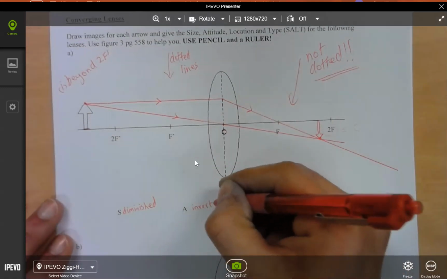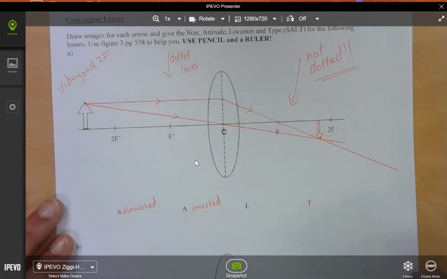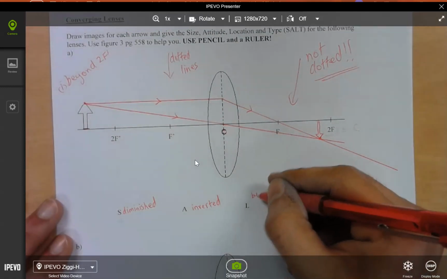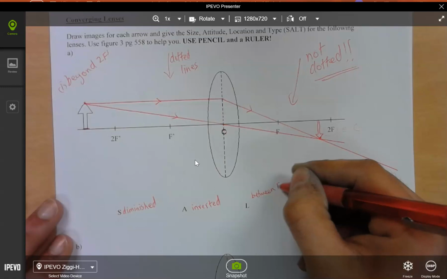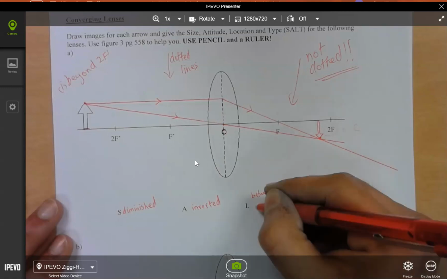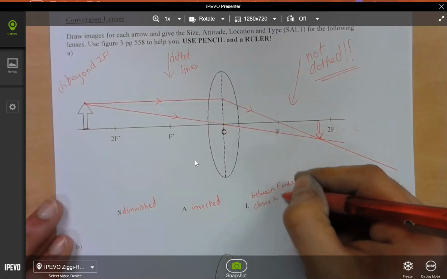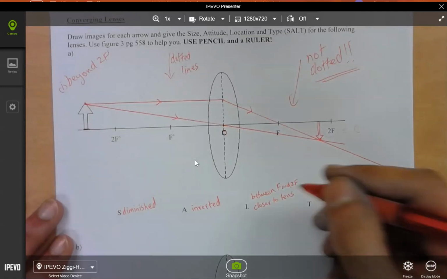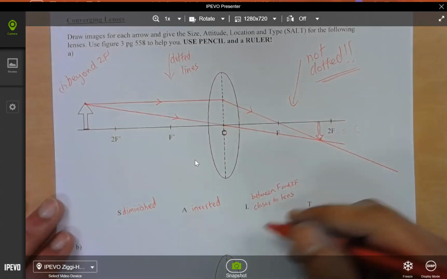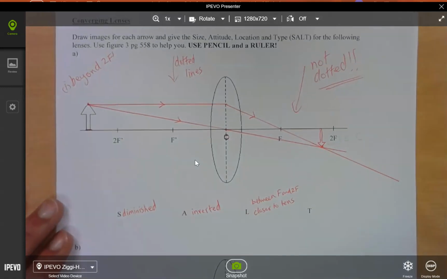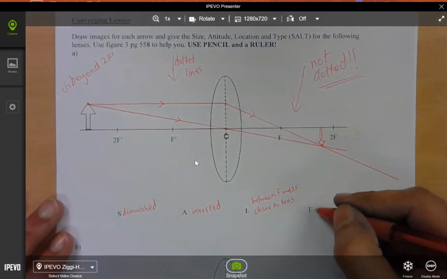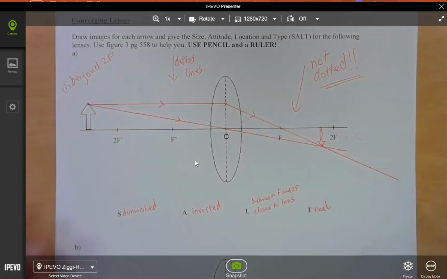Attitude is inverted. Location is between F and 2F, closer to the lens. The location of the image is closer than the object, that's what I mean there. And our type is real.